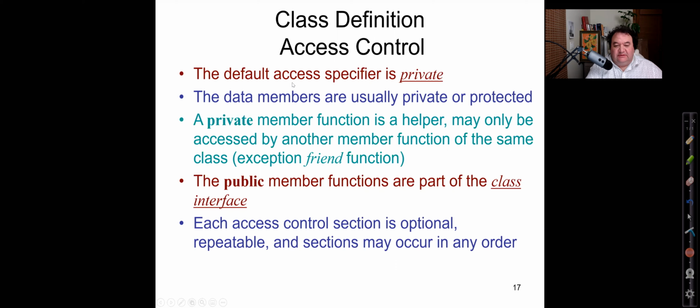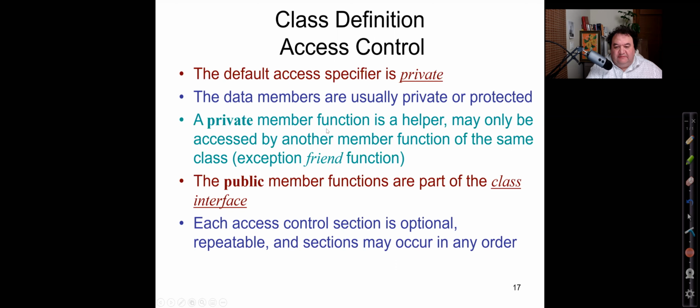The default access specifier is private. So if there is no modifier, everything is defined as private. The members are typically private or protected. Effectively, they cannot be manipulated outside of the class itself.